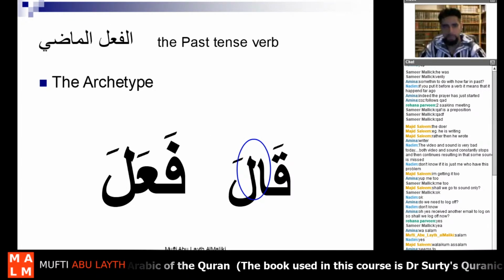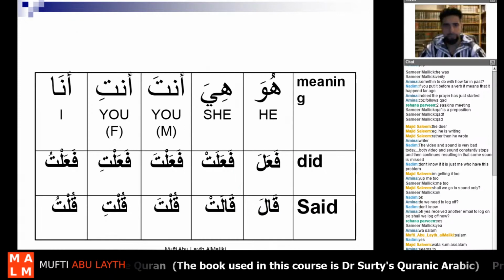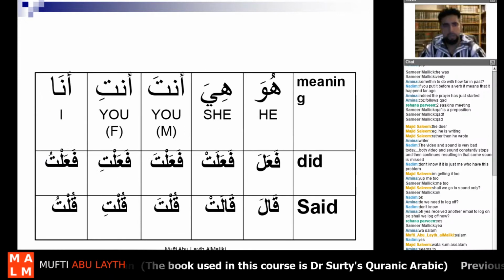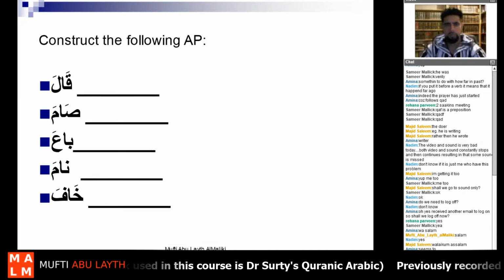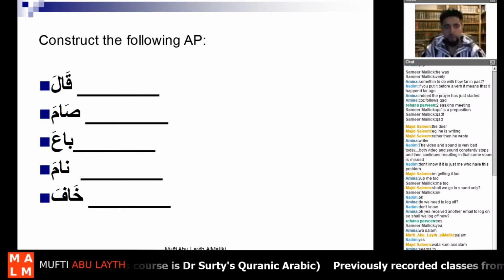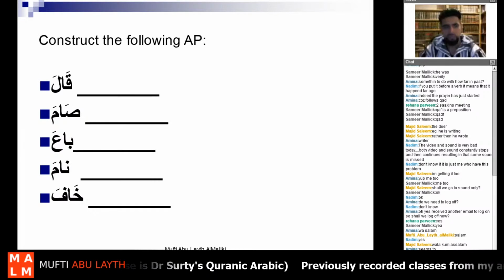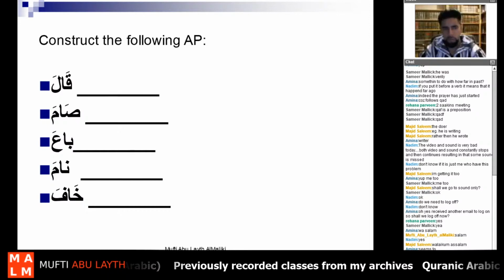If we go back to the session, what I'd like you to do is construct the following active participles. We've got 5 verbs here: Qala, Sama, Ba'a, Nama, and Khafa. Before we construct that, I'd like to know what they actually mean.